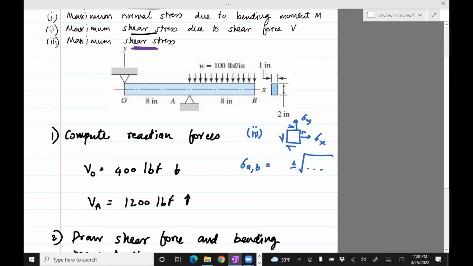The formula is basically giving you principal stresses, but that is the maximum sigma. You want to find the maximum shear stress. The maximum shear stress is given by this other formula, sigma x minus sigma y divided by 2.